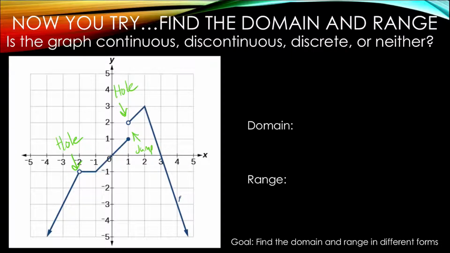I have a line connecting stuff, so we're going to use brackets and parentheses and all that good stuff. I'm going to start from my lowest term, and we're going to talk about domain, which is talking about my x-axis here. So what values of x, or my input, are included?